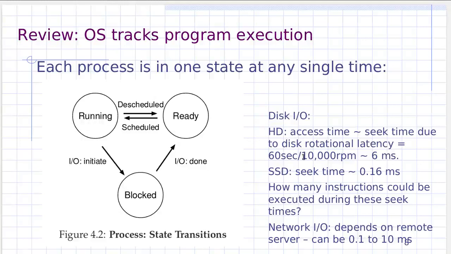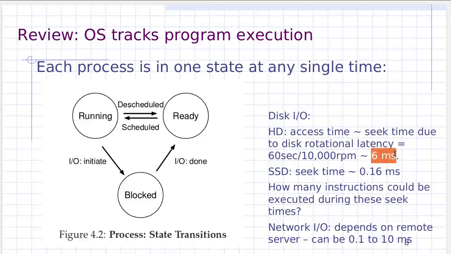If you have a 10,000 RPM disk, which is pretty fast, you can convert that revolutions per minute to a time. That's about 6 milliseconds to rotate.